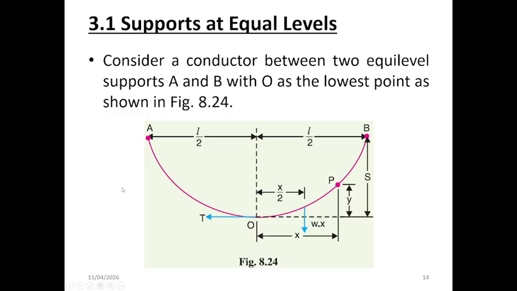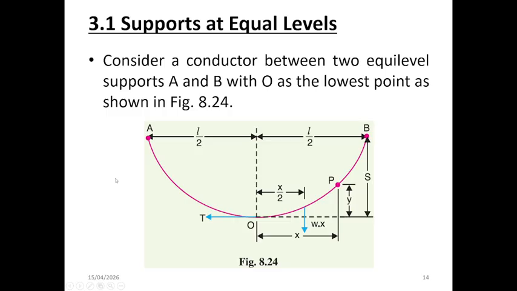So due to the uniform distribution of weight, because the supports are at equal levels, the span is divided equally with one half on each side of the center. The conductor takes the shape of a catenary curve. As I told you, this is a catenary curve. We call it a catenary curve.